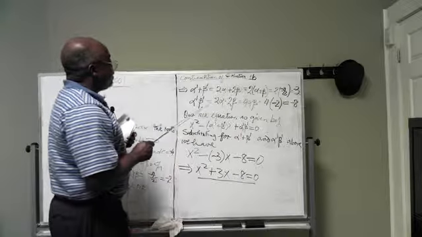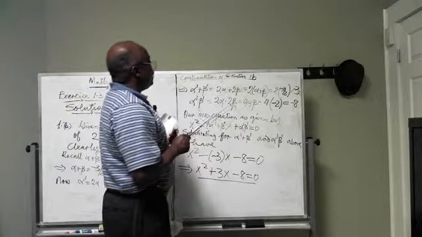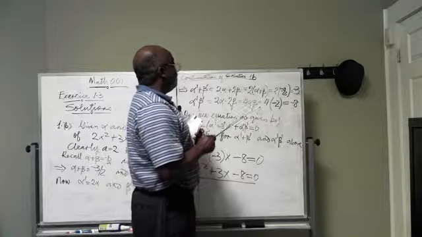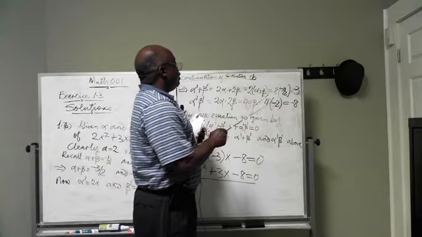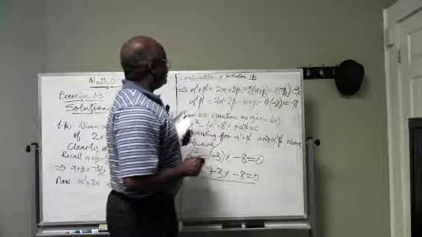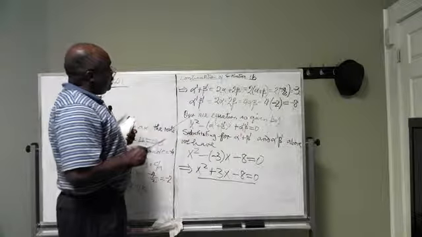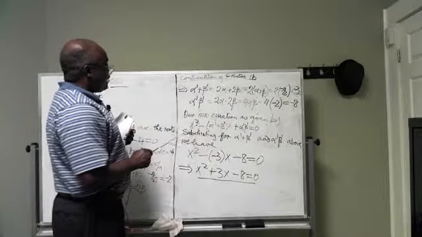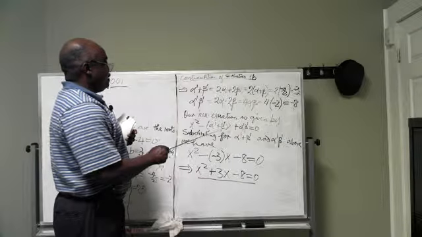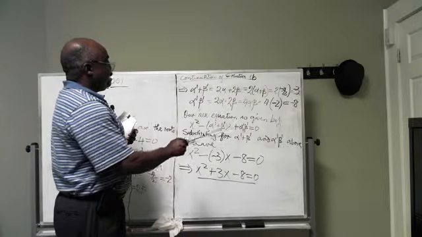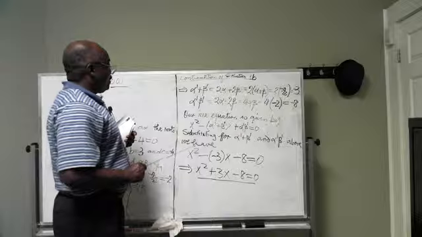Alpha prime beta prime equals 2 alpha times 2 beta, which is equal to 4 alpha beta. This gives us 4 into minus 2, which is equal to minus 8. Our new equation is given by x squared minus alpha prime plus beta prime x plus alpha prime beta prime equals 0.